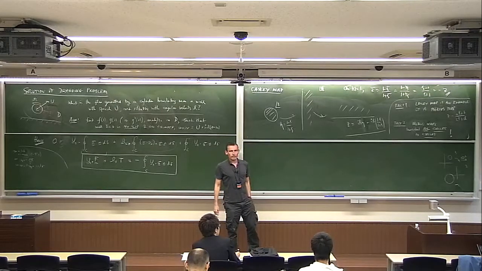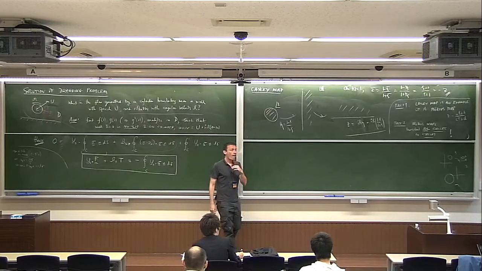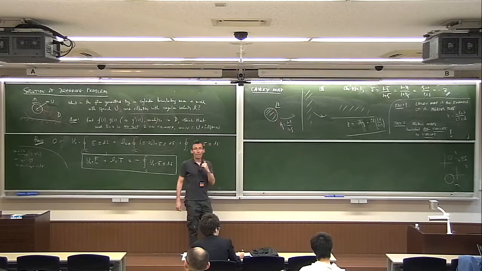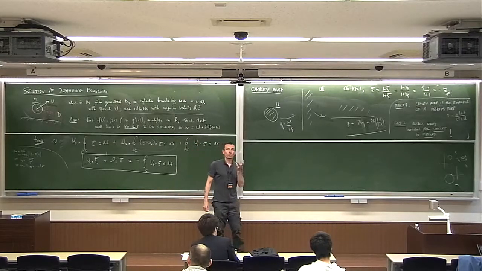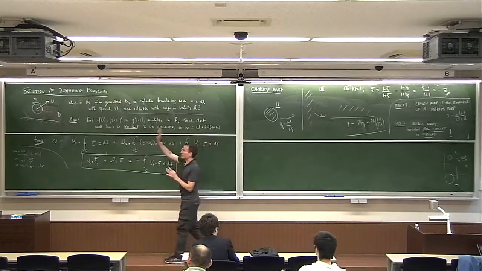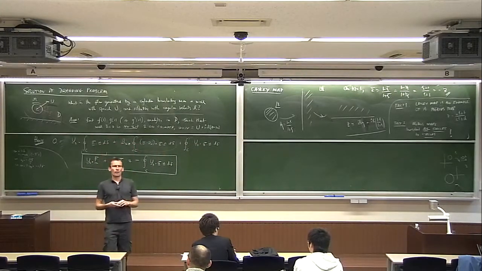We can use fact number 2 here. I'm looking for a convenient way to map this difficult geometry to something more convenient. And I've already done this.